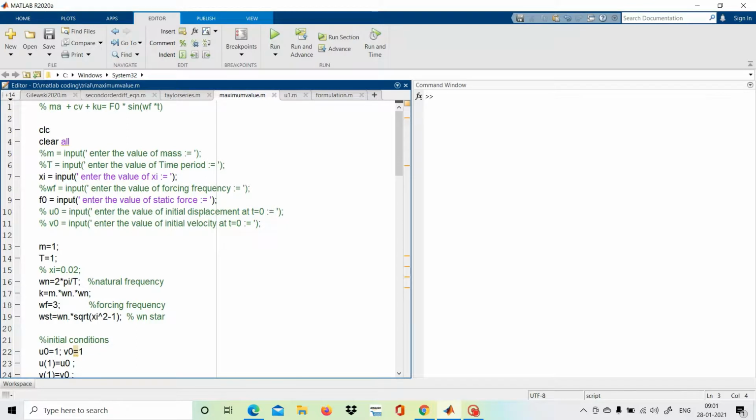We have the formula m u double dot plus c u dot plus k u equals f naught, but here f naught would be 0, so the right hand side would be 0 for us, so it is our free vibration case.